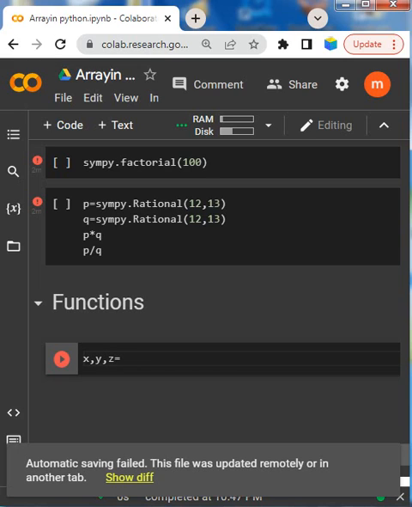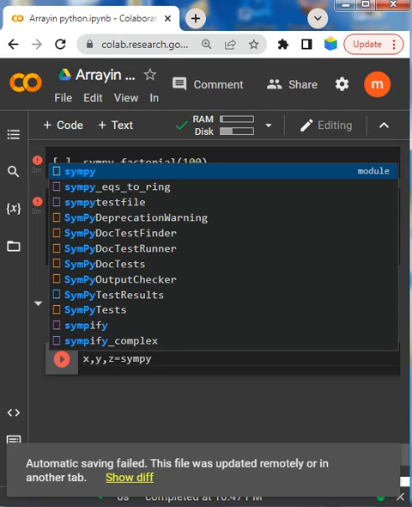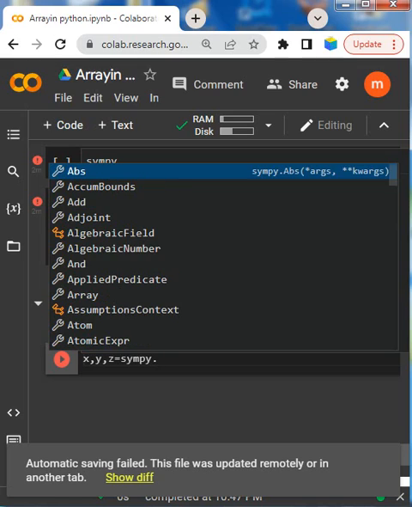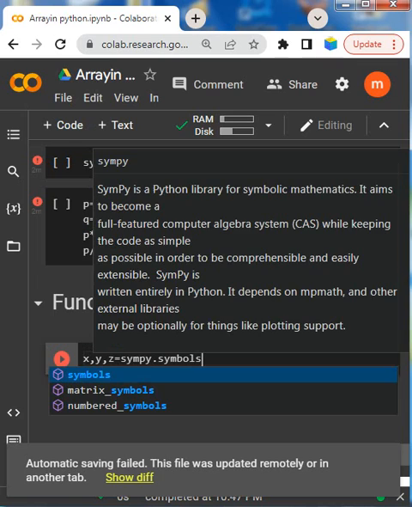Now all will equal to sympy.symbols, because I have already imported SymPy.